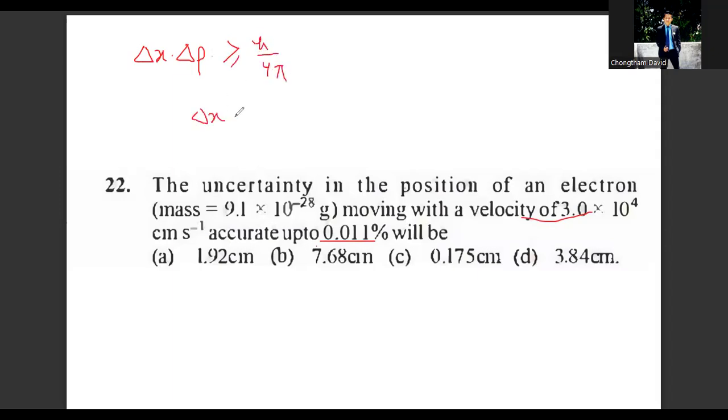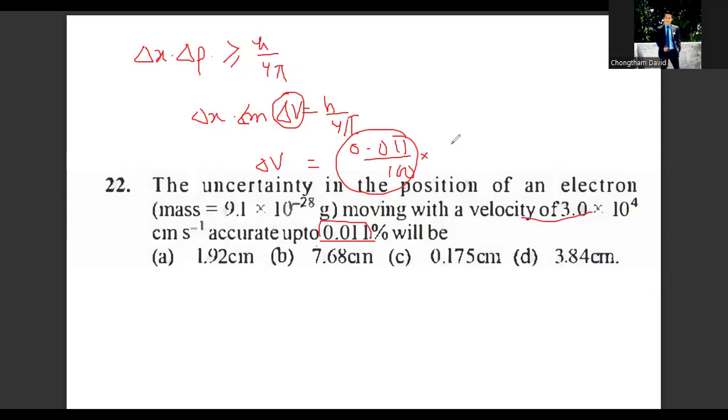Now for delta x, since mass is constant, I can write this as h by 4 pi. You are asked to find this delta v, 0.011 divided by 100, because this is in terms of percentage. I have converted this. 3 into 10 to the power 4. Simply cancel this. You will be getting 3.3 centimeter inverse.